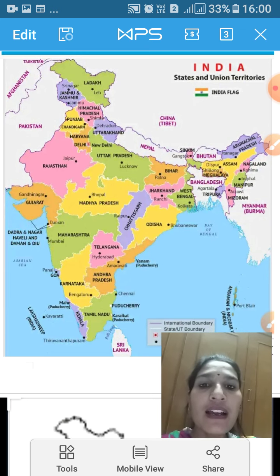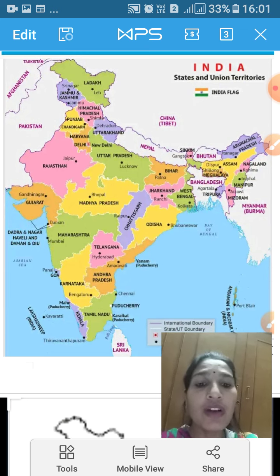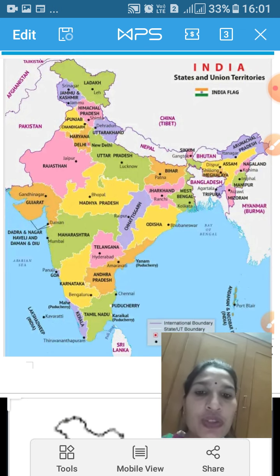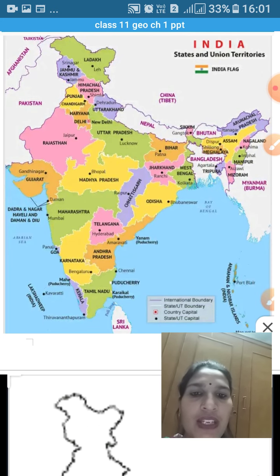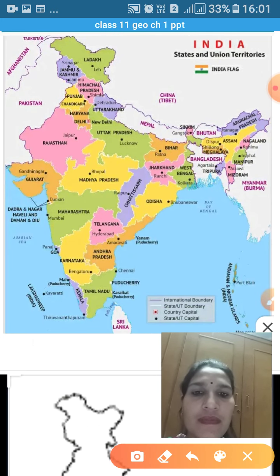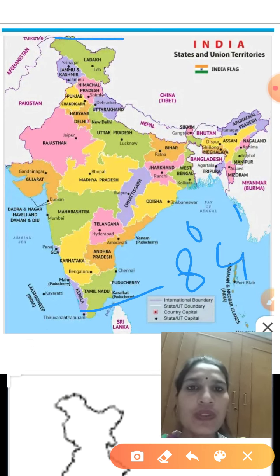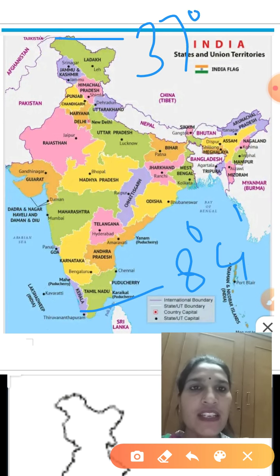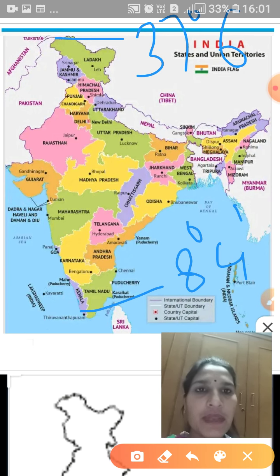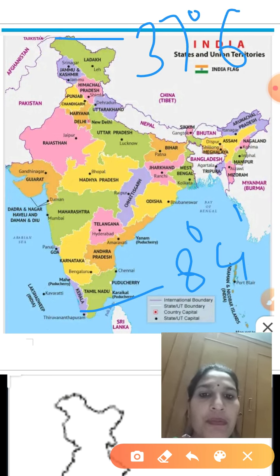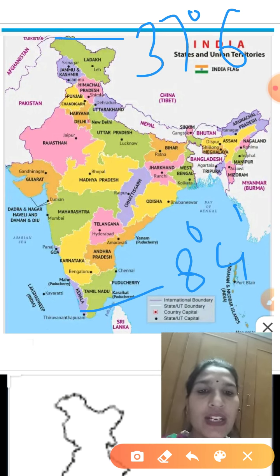The latitudinal extension of the mainland of India started from 8 degree 4 minute to 37 degree 6 minute.